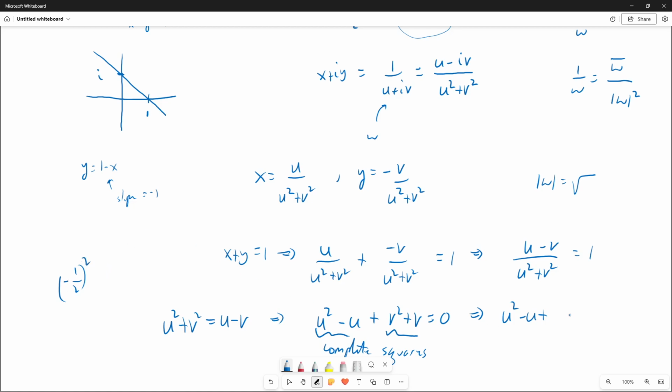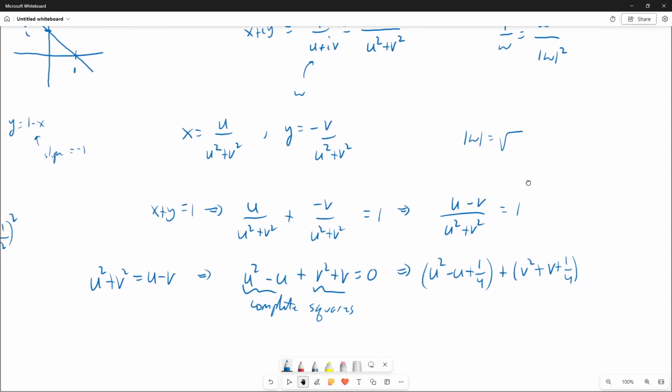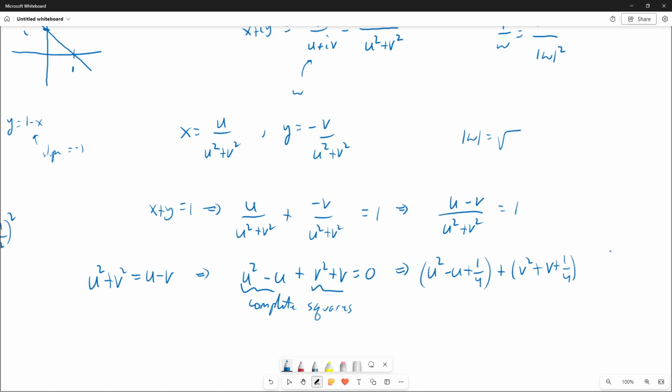Square that, and that makes 1/4. So that will complete the square. This is now a perfect square. And we do the same thing with the v. v squared plus 1/2 squared is also 1/4. So we're going to add 1/4 here as well. And we added 1/4 to both sides. So instead of 0 here, what we have is 1/4 plus 1/4.